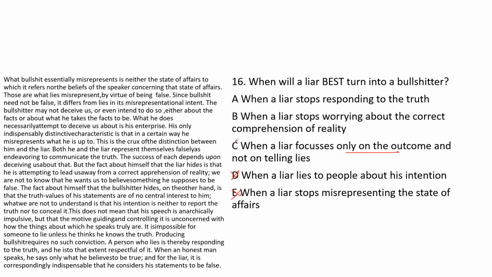As we understand the bullshitter, the truth is of no value to him, so this also goes out. Outcome, telling lies, this all relates to truth. Option A, when a liar stops responding to truth. That is not about responding to truth, it's about understanding that truth holds no value. So the answer is B, when a liar stops worrying about the correct comprehension of reality. So the answer here would be option B.